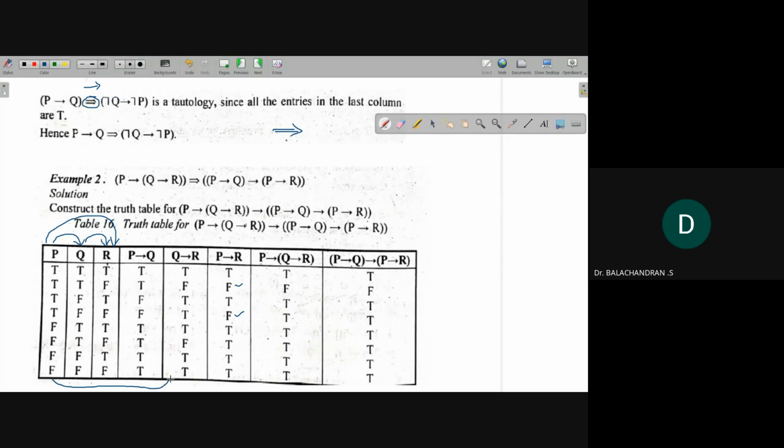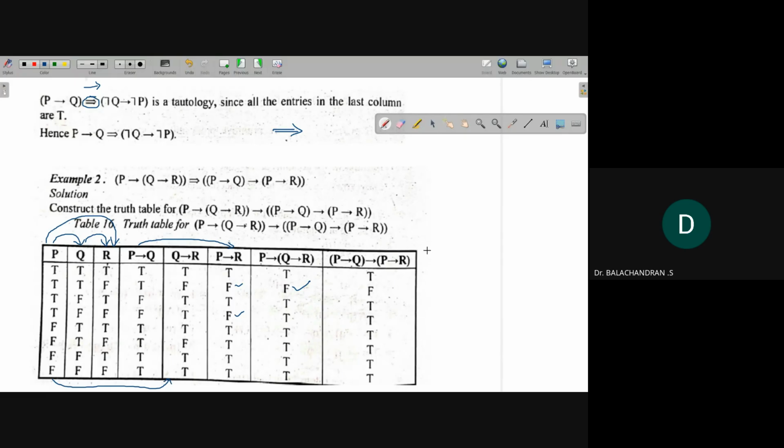It is true, and if it is false, it is false. Check the second row, TF, F. Remaining all other cases, it is true. And then P implies Q implies P implies R. You can check it here. It is false in these cases, remaining all other cases, it is true.